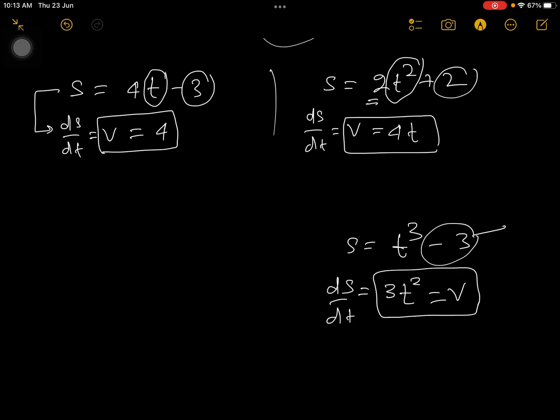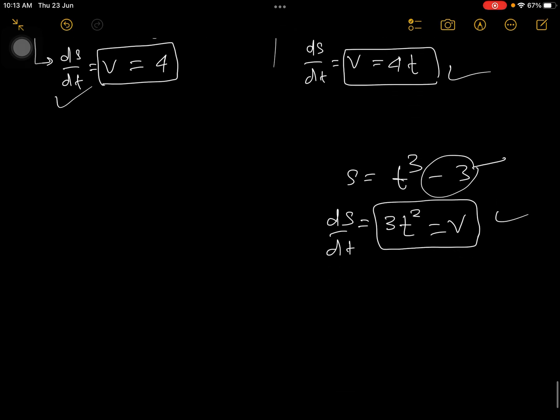So you can see what is the difference between this answer and this answer. You can clearly see this velocity is only 4, but in this one 4t is coming. 4t means this velocity is not constant, it is depending on time.